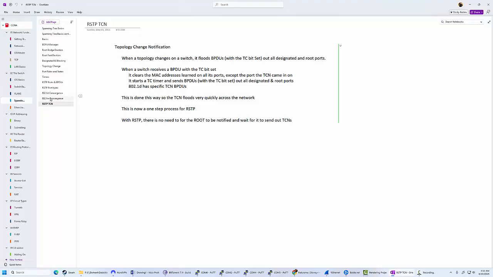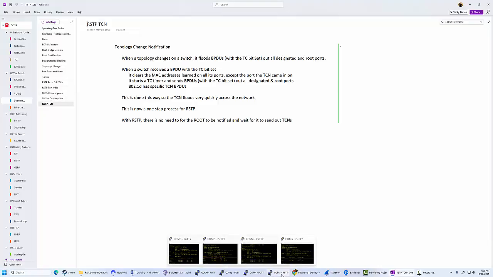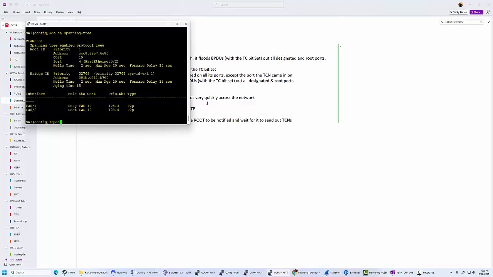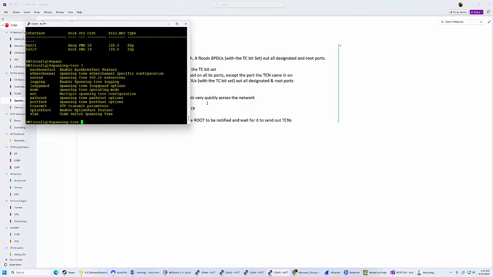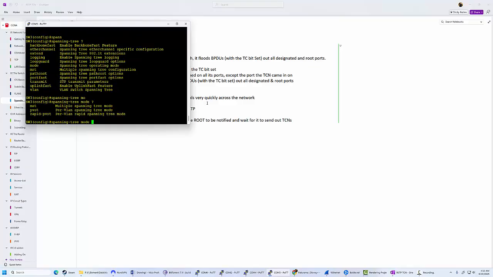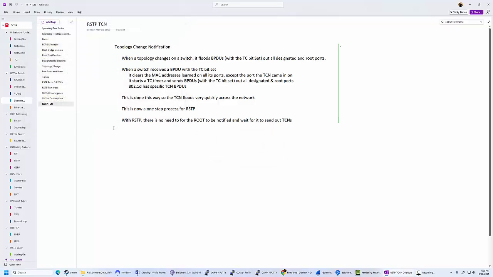That's pretty much it. Obviously, if you want to change spanning tree's mode, that's where we could change to MST, rapid spanning tree, and per VLAN spanning tree, where rapid spanning tree is rapid per VLAN spanning tree, and multiple spanning tree is this: you create a spanning tree instance and assign VLANs to that instance.